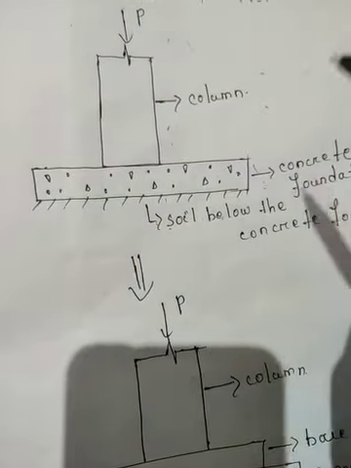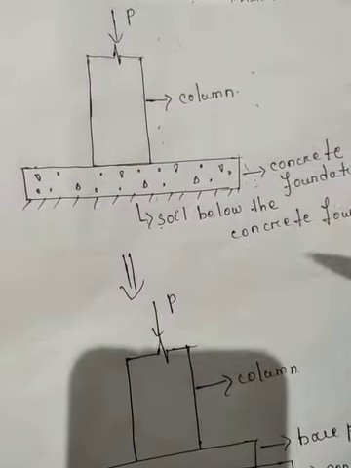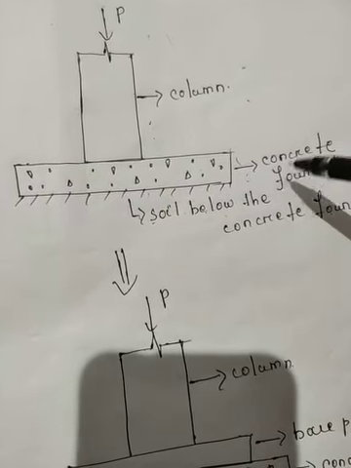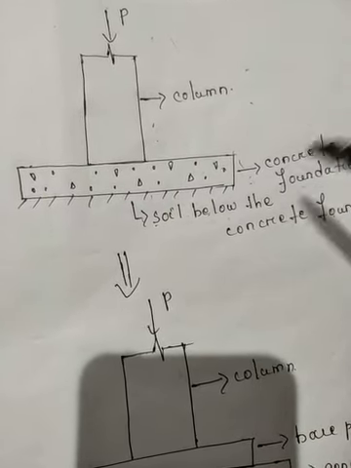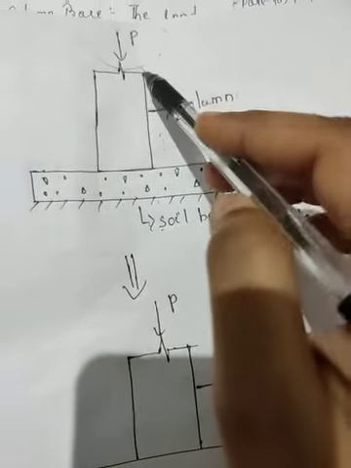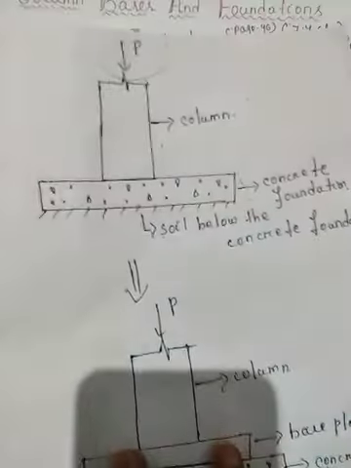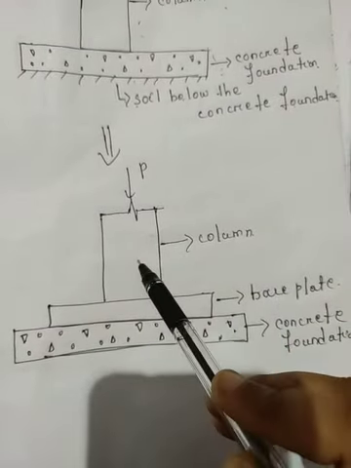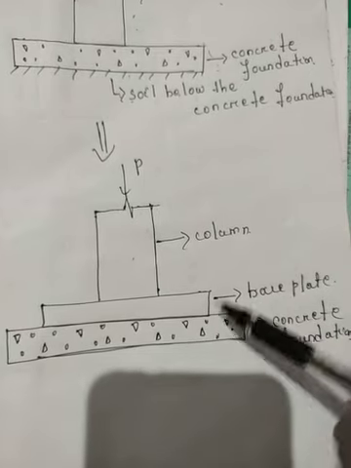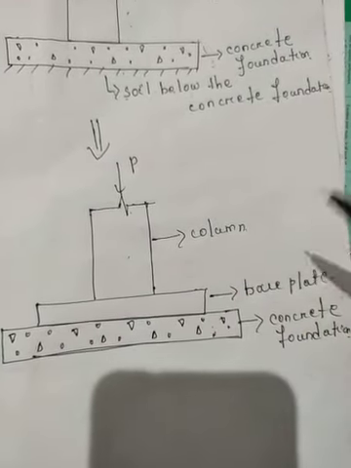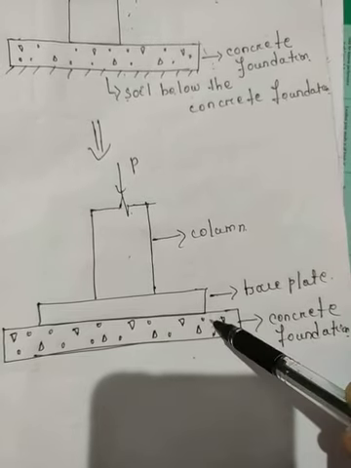That means the bearing capacity, or we can say the design compressive strength of the concrete foundation, is much smaller than that of the column to resist this amount of load. So it is necessary to provide a base plate between the column and the concrete foundation to distribute the load gradually to the concrete foundation, then to the soil through the base plate.